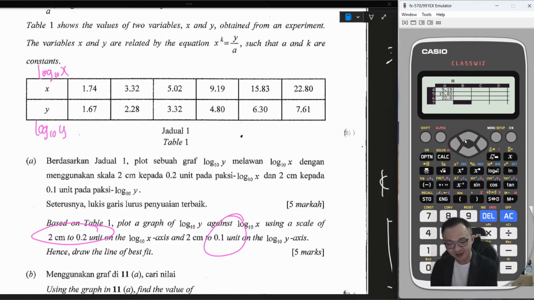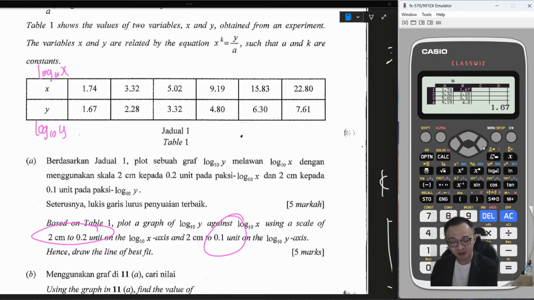And after I insert all my x, then at the B column here, I insert my y: 1.67, 2.28, 3.32, 4.80, 6.30, and 7. As long as you didn't type wrong, now you can see the magic here.